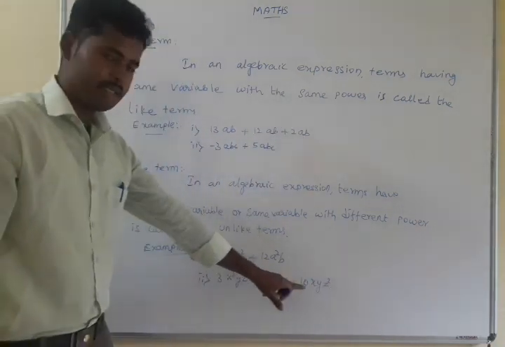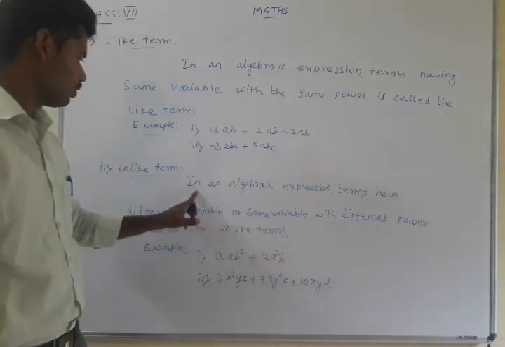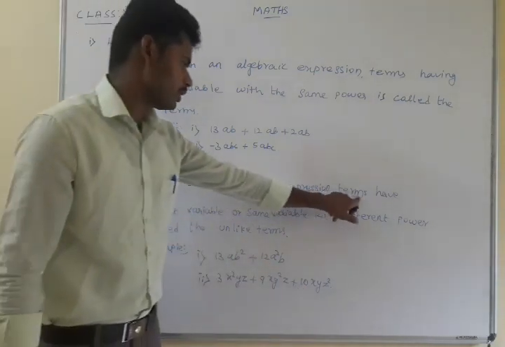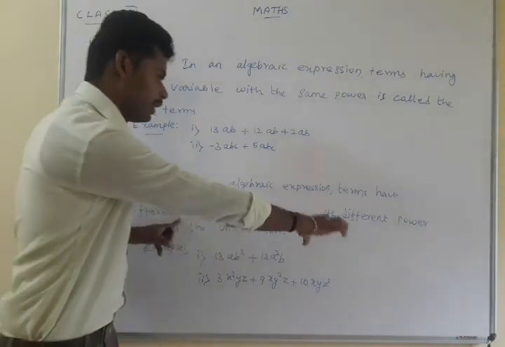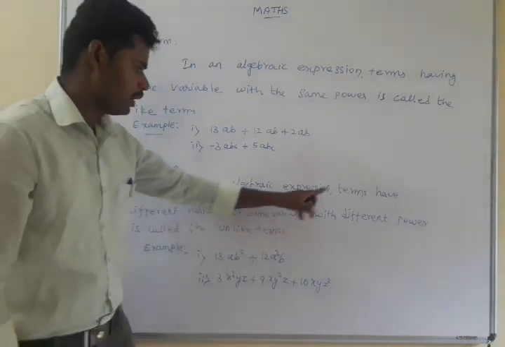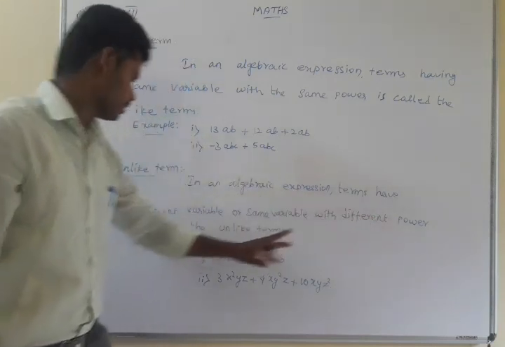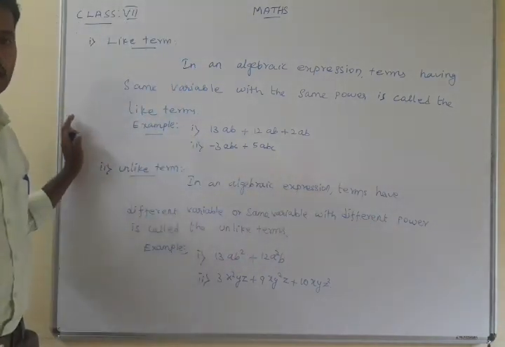Here also the variables are the same, the powers are different. So in an algebraic expression, terms have different variables, different powers, or the same variable with different powers. So this is for unlike terms.